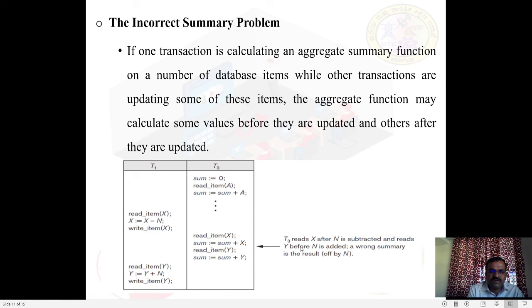Here, transaction T3 reads X after n is subtracted, and reads Y before n is added. A wrong summary is the result.